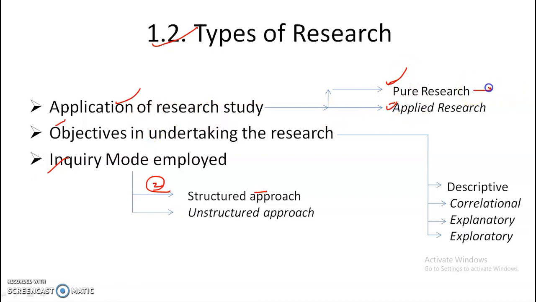In a simple way, pure research is simply based upon the hypothesis, so only the descriptive type of thing will be there, not the practical things. Applied research means we have to do some experiments in the laboratories and apply the concept to a practical or real issue. Coming to the objective types, there are descriptive research, correlation research, explanatory and exploratory, which we will see in the next slides. And in the inquiry-based mode, there are structured and unstructured approaches.